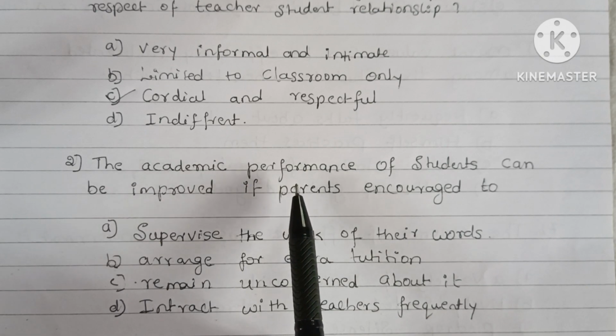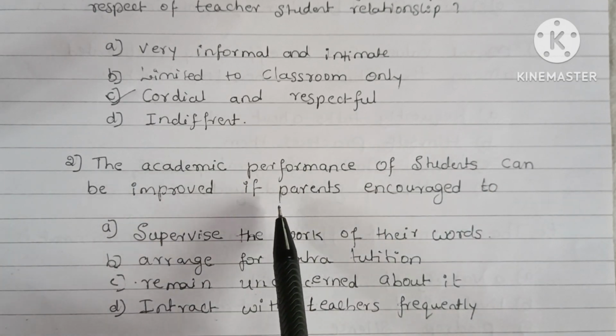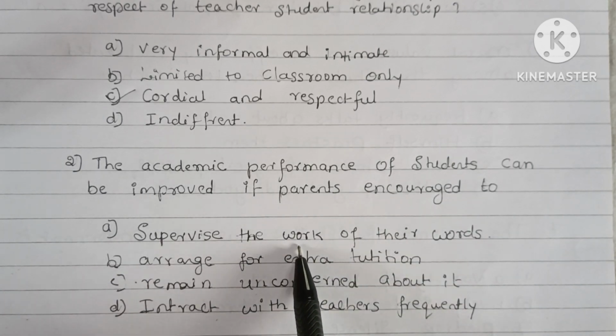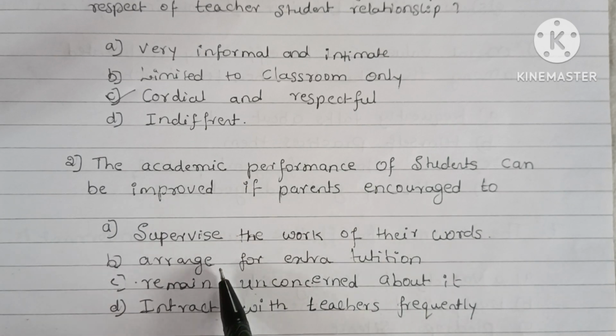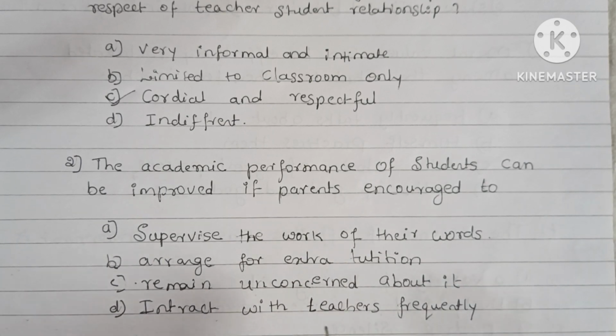The academic performance of students can be improved if parents are encouraged to supervise the work of their wards, arrange for extra tuition, remain unconcerned about it, interact with the lecturers frequently.